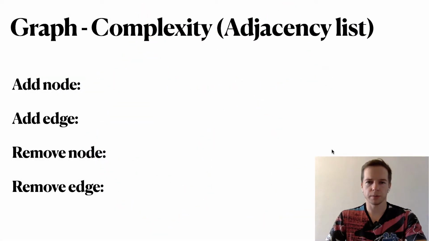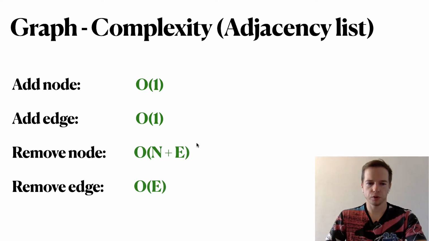Now let's talk about the complexity, keeping in mind that we're using an adjacency list, not the matrix. To add a node, we just don't spend anything. We don't need to create another column and row as in a matrix. We just add it to the map. When we want to add an edge, it's also not a problem. We just find the key in the map, find the appropriate node, and then we add an edge.